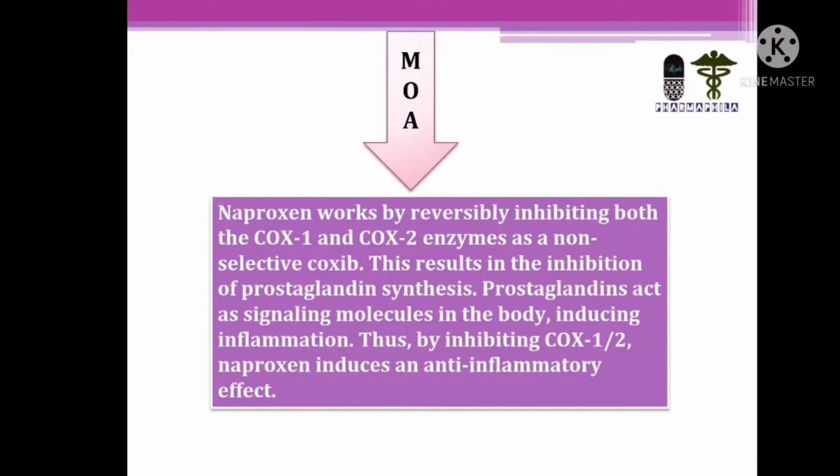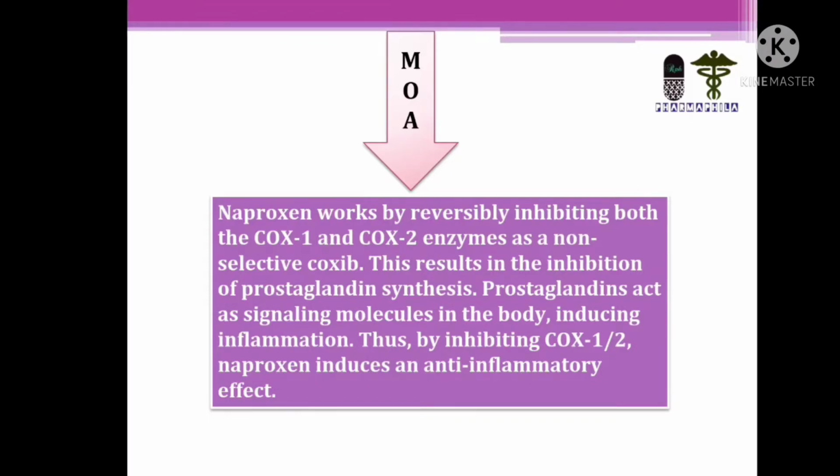Now, what is the mechanism of action? Naproxen works by reversibly inhibiting both the COX-1 and the COX-2 enzyme as a non-selective coxib. That means it inhibits both the COX-1 and COX-2 pathways. Non-selective means it blocks COX-1 and COX-2 both in a reversible manner.